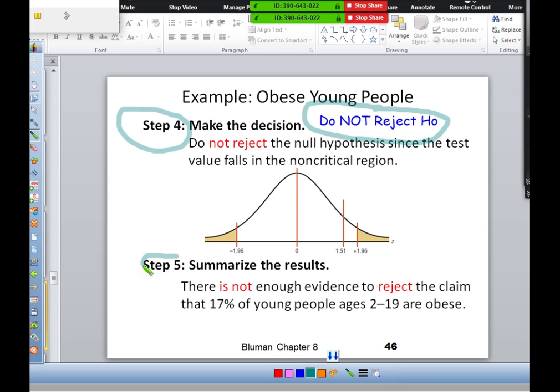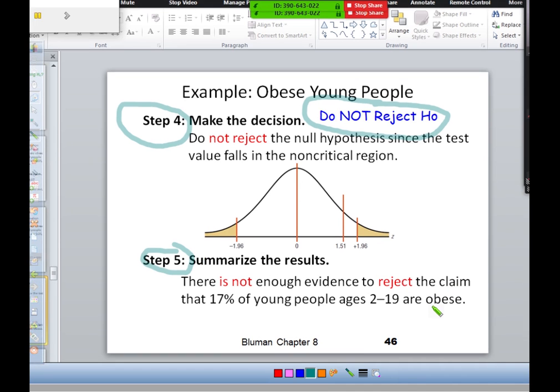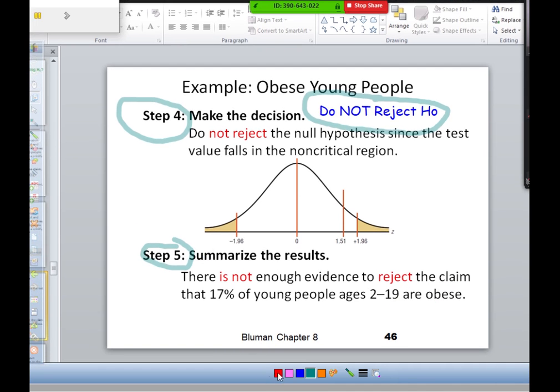And then step 5. Is everybody paying attention? This gets tricky, so I need you guys to focus. Step 5. These parts stay the same. Everything in black is fixed: there's enough evidence to blank the claim, and then whatever the claim is, write down the words verbatim, that 70% of young people are obese.